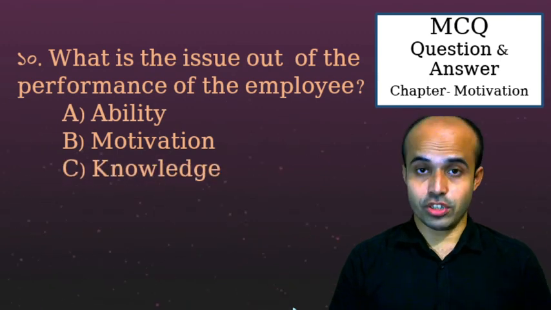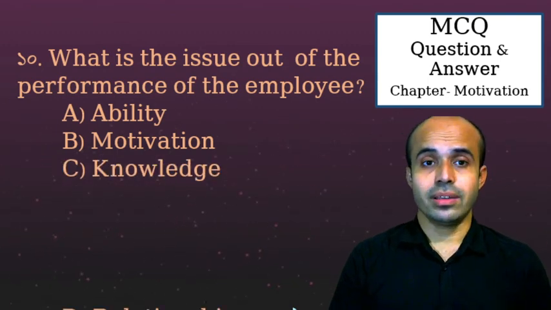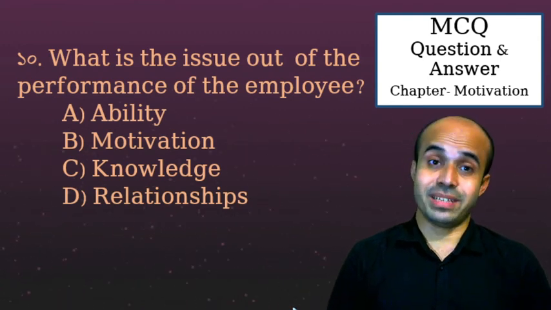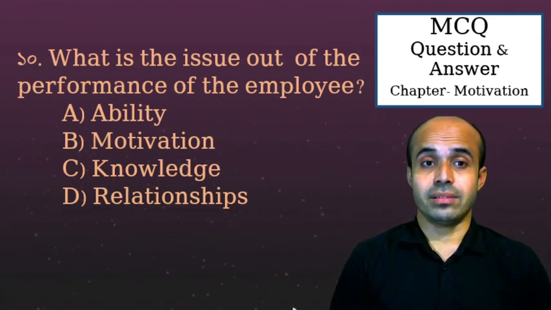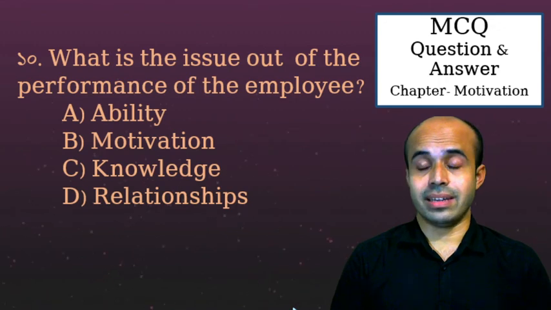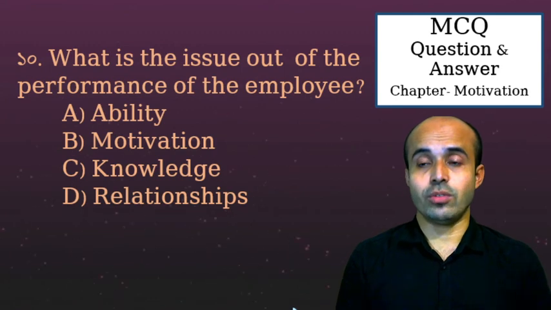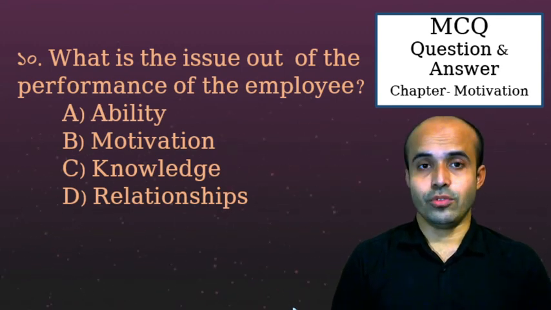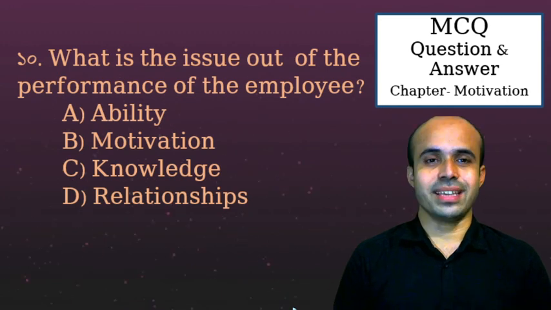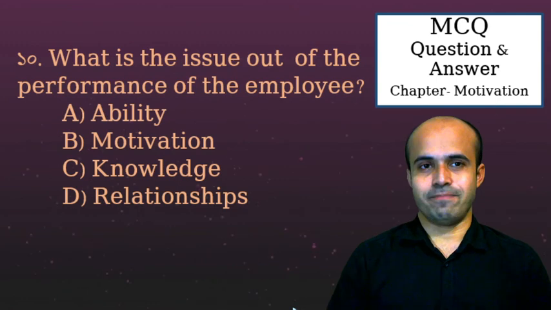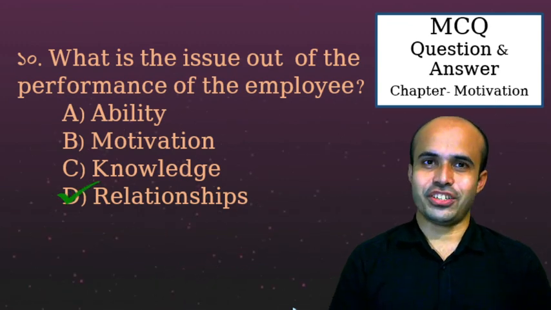Knowledge must also be needed. And next, relationship. Yes, without any relationship, work can be done. But without ability, motivation, or knowledge, no activity will be performed. So you can say the issue out of these is relationship. So our answer is relationship.